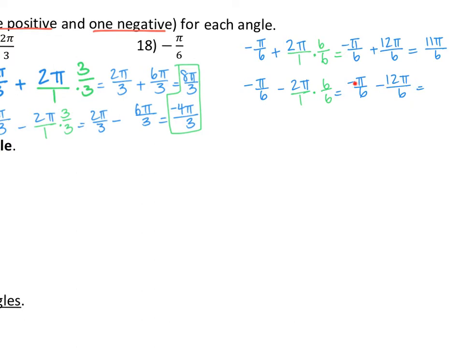If I subtract these two, that's negative pi minus 12. So negative 1 minus 12 is negative 13 over 6. And so from here, this one's a positive, this one's a negative angle, so I'm good to go. All right, and that's it for our coterminal angles.